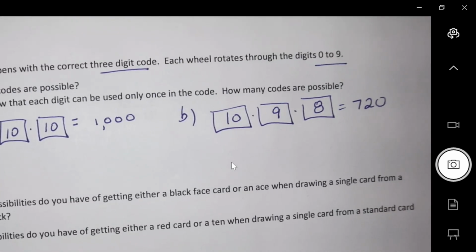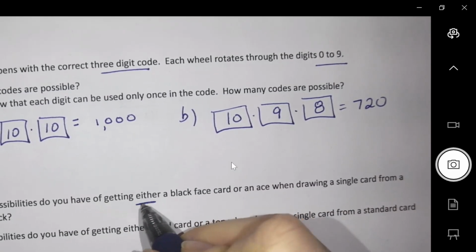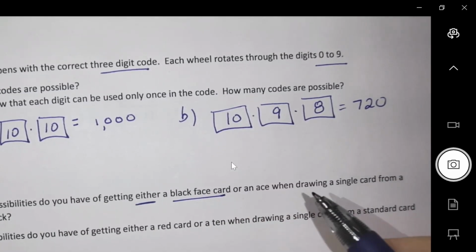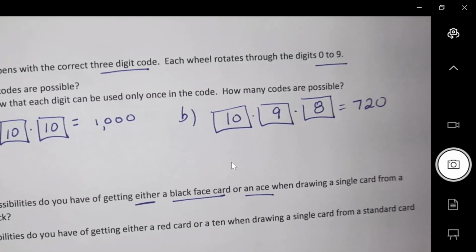Okay, how many possible ways? We got to get either a black face card or an ace. Okay, do you know your deck of cards?